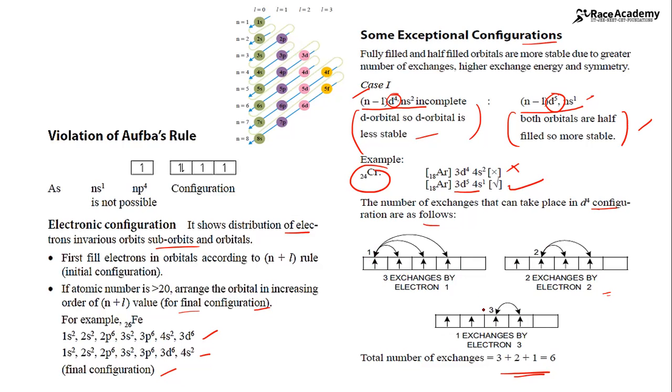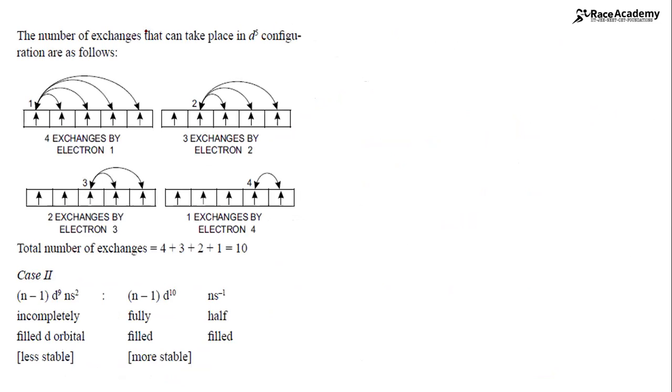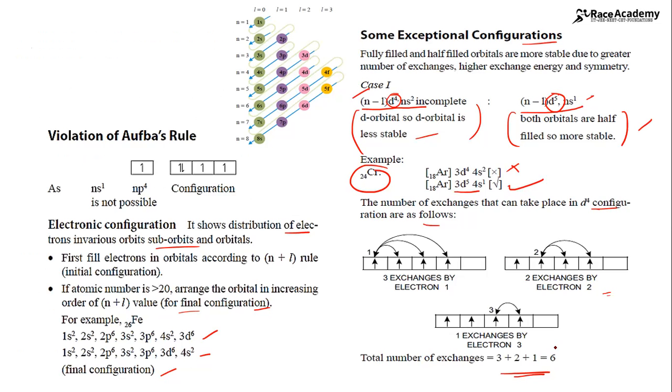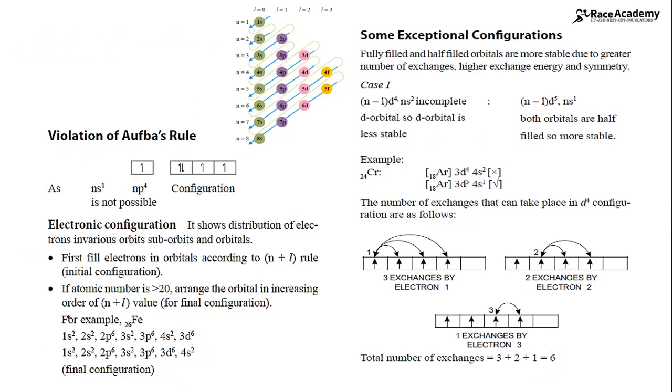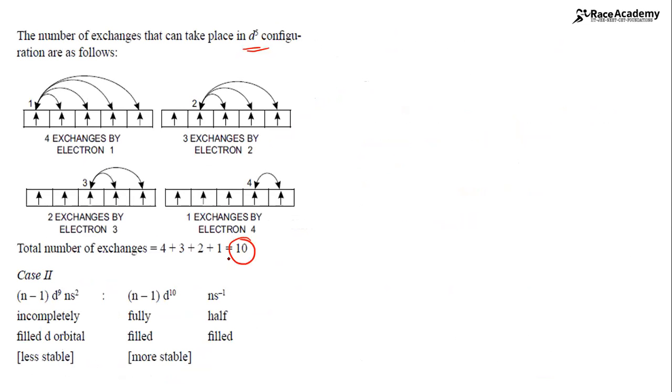Total exchanges 6 came. Now the number of exchanges that can take place in the d5 configuration is 10, but in the case of d4 we got 6. The indication is that as the number of exchanges increases, the stability of the species increases. So d5 is favored because of exchange energy.